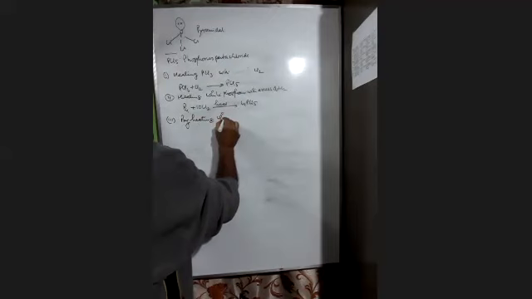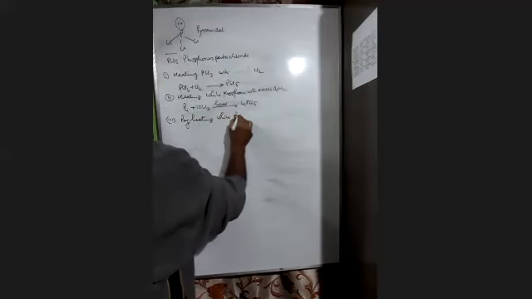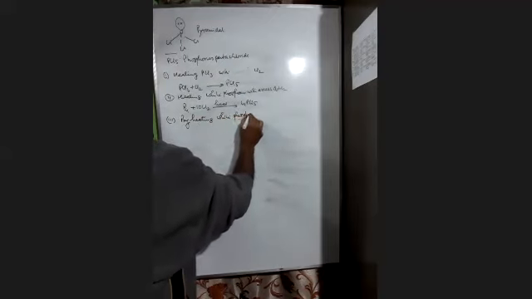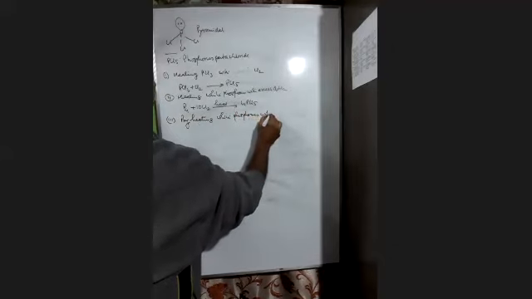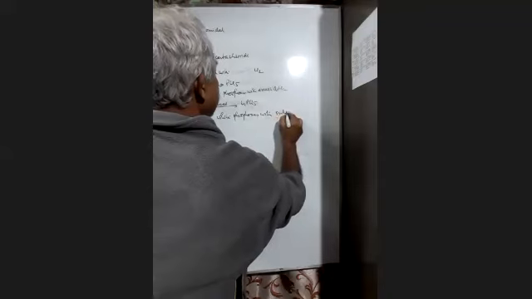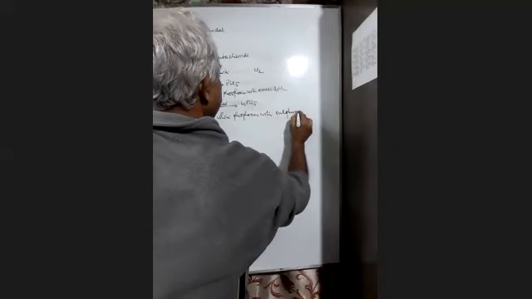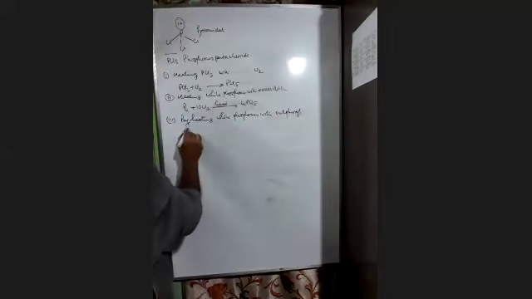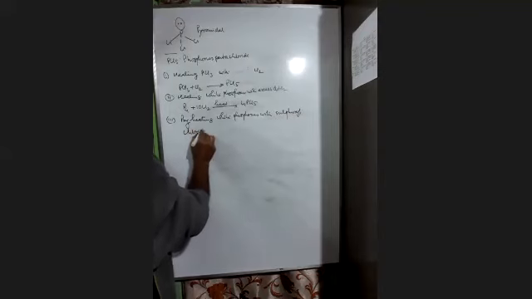Third, by heating white phosphorus with sulfuryl chloride. So don't get confused. See, thionyl chloride is SOCl2.